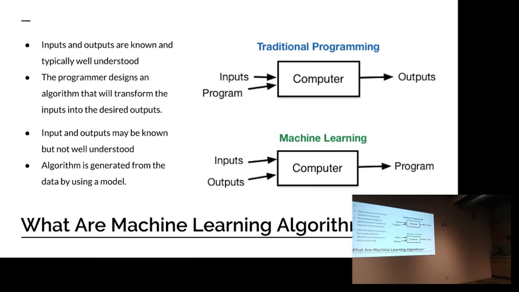With machine learning, your inputs and outputs might not be well understood. Say you're working with text documents. You don't always know all the different text that's going to appear in a given document. But with traditional programming, you can ensure that the inputs to your program are going to be the exact same every single time, or at least structurally. Also, with machine learning, you might not know what your outputs are.